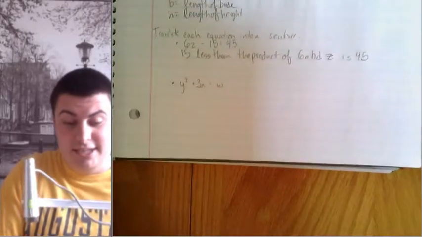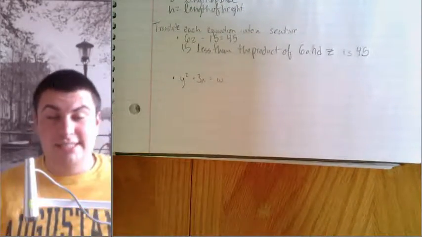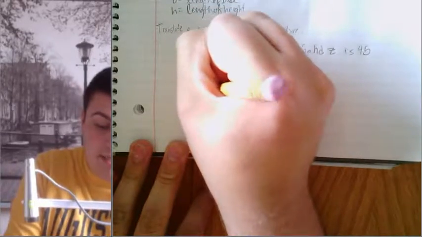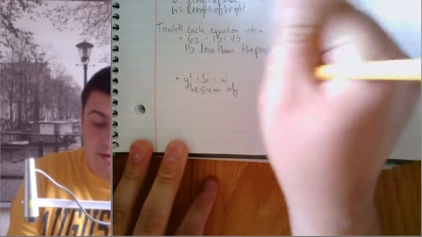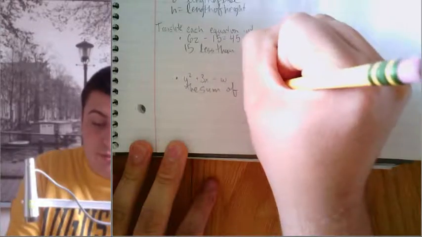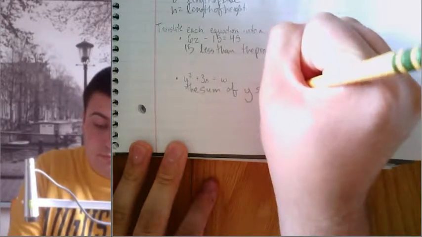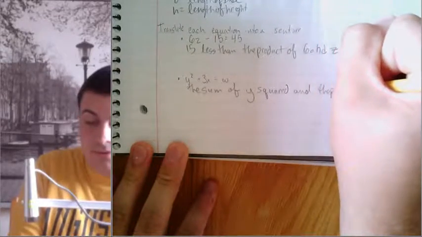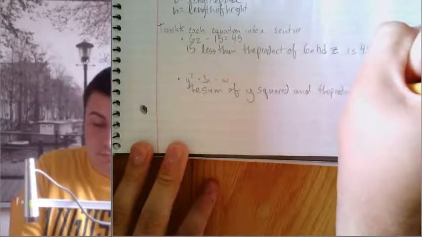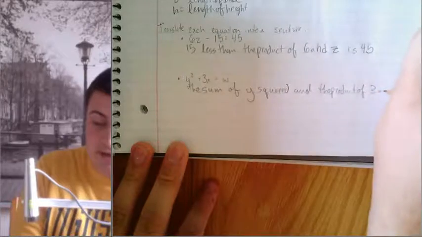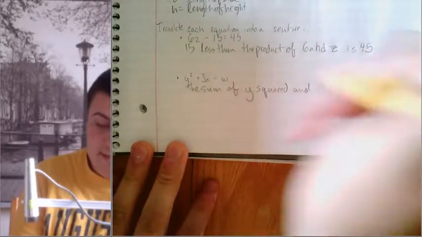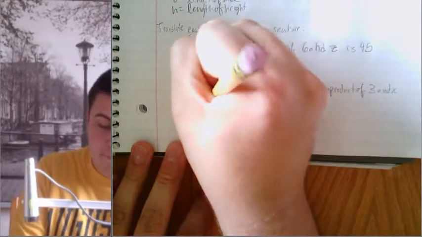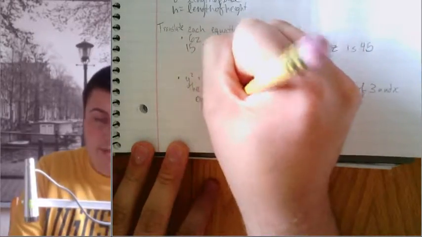So, let's look at the second one. y squared plus 3x equals w. Let's say, the sum of y squared and the product of 3 and x equals w.